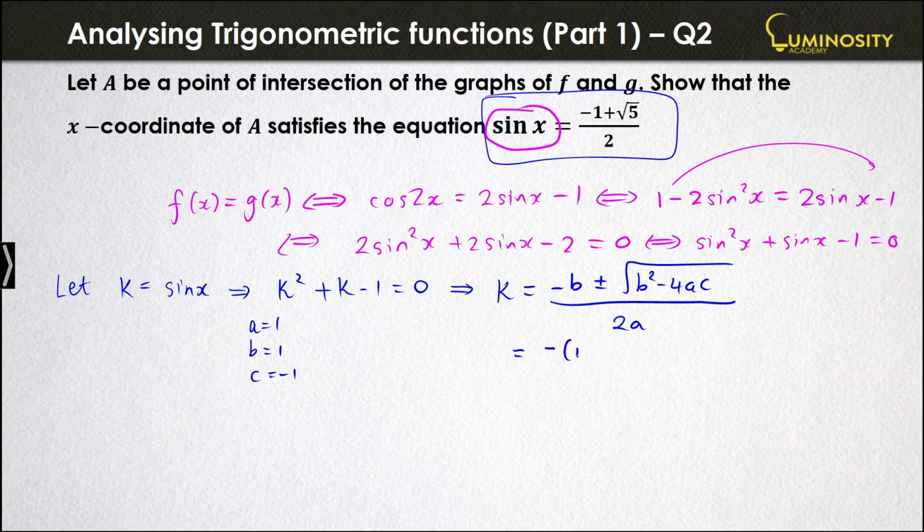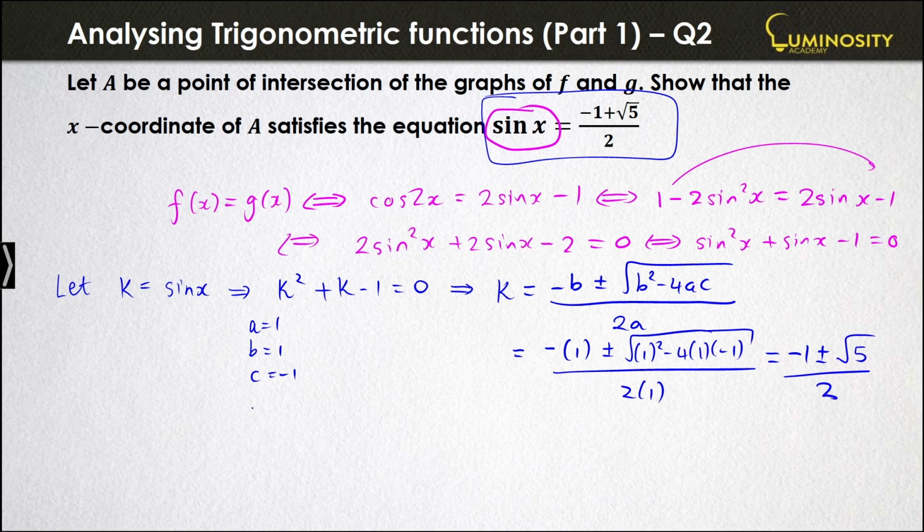So it becomes negative 1 plus or minus the square root of 1 squared minus 4 times 1 times negative 1, all over 2 times 1. Inside the surd, the negative 4 times negative 1 is positive 4, plus the 1 squared, so that's 5, all over 2. So what have we got here?